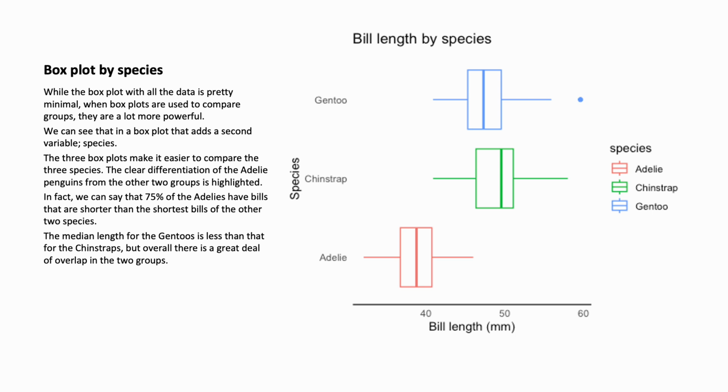Now, what do we notice that's really different than we saw previously? For the Gentoo, we see a dot over on the far right. What is that? That dot represents what we call an outlier or extreme value.